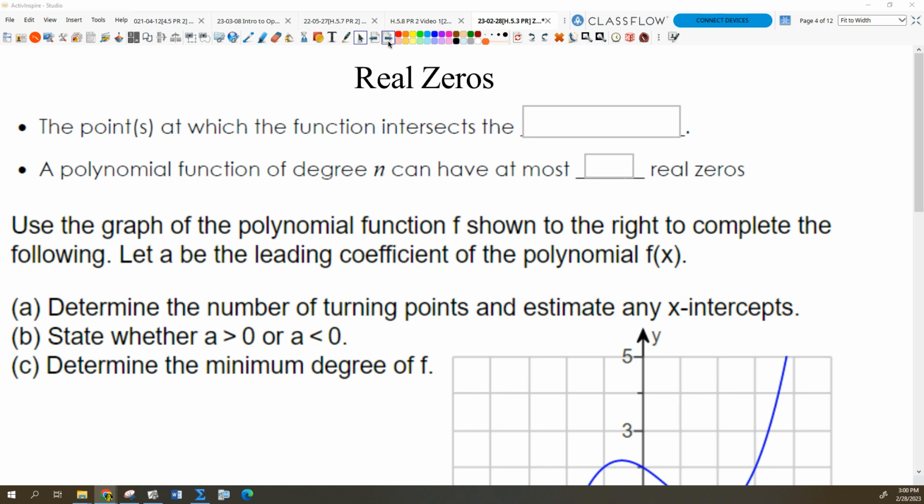The points at which real zeros are the points at which the function intersects what? Real zeros always correspond to what graphically? X. Well, the x-axis is a set of an infinite number of points.